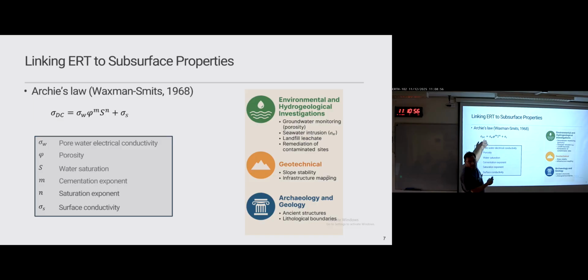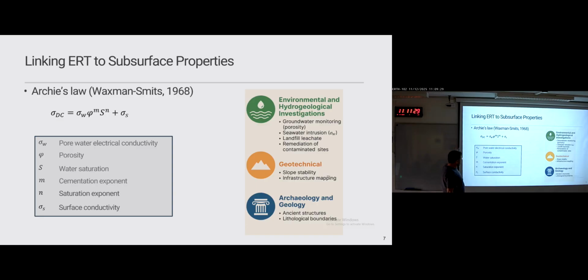And people use this relationship, for example, to map seawater intrusion. It is sensitive to porosity, to water saturation, and to surface conductance if we have a lot of clay or metallic particles like pyrite. The exponents here, the cementation exponent and saturation exponent, are related to the geometry of the pore space.